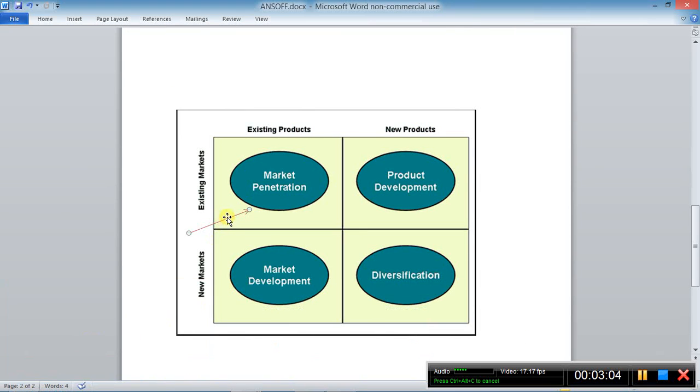The second strategy that we're going to discuss is market development. In this instance, market development looks at new markets for existing products. This could be, for example, when a company targets a group of consumers in another area or, for example, country, or offering the same product to a different age group, for example.